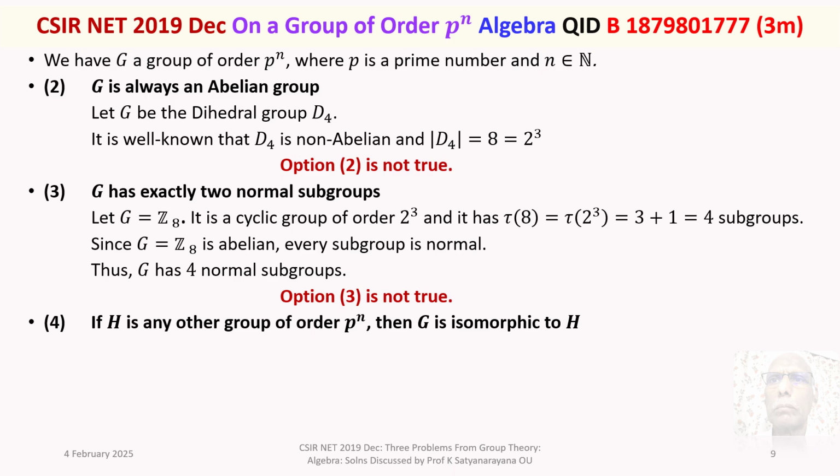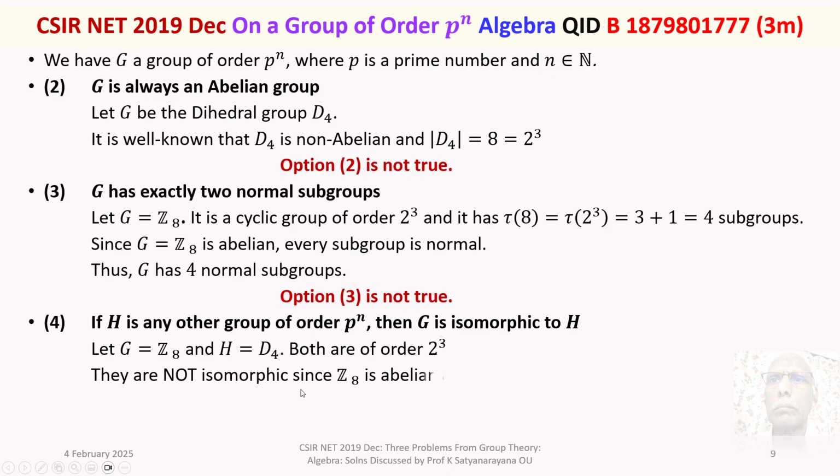Are they isomorphic? D4 is non-abelian and Z8 is abelian. Therefore, they don't have any isomorphism between them, so they are not isomorphic. So let G be Z8 and H be D4. Both are of order 2 cube and they are not isomorphic. Why?